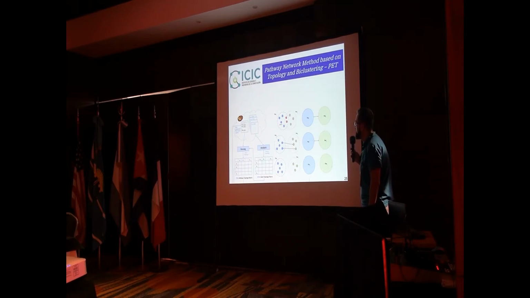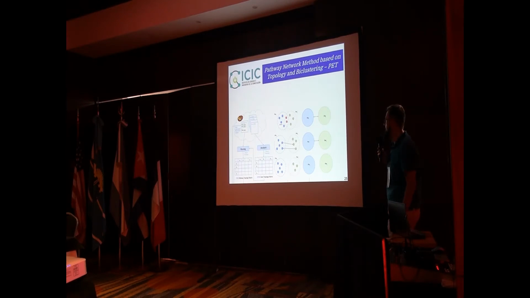We have the situation where two pathways have genes in common. We have the case where the pathways don't share genes but have connections between them. There are connections between the genes of the pathways, and we have also the case where we don't have connection.